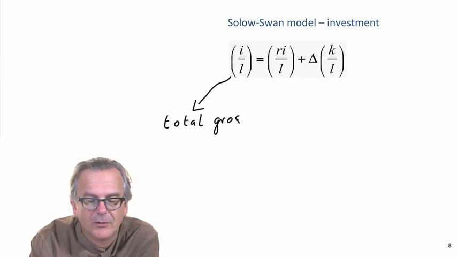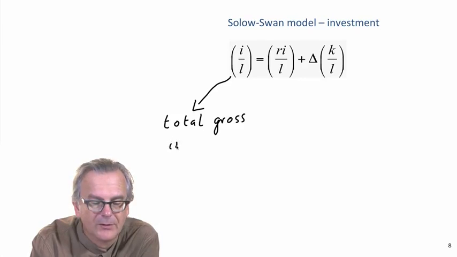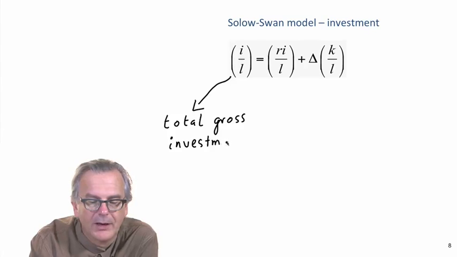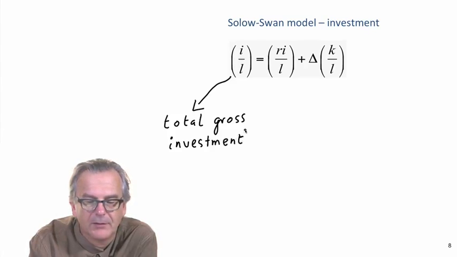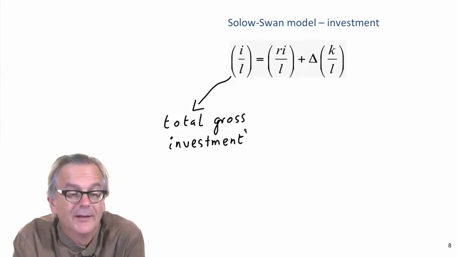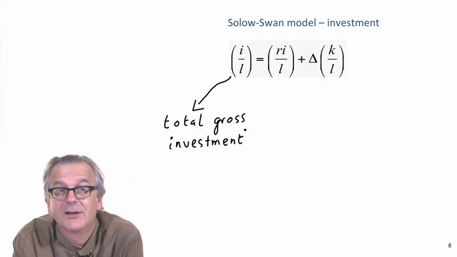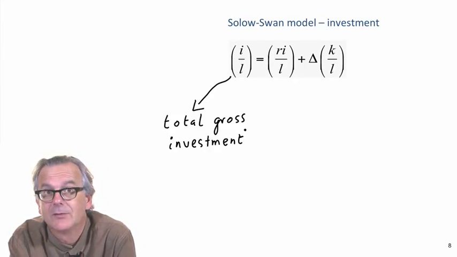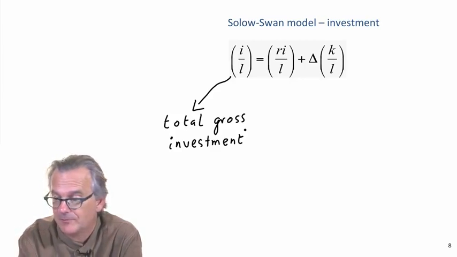Often this is called total gross investment. Now I'm just going to write it like that. I'm not going to write per capita because it gets a bit redundant after a while. But be aware that what we're actually measuring on the left-hand side there is total gross investment on a per capita basis.